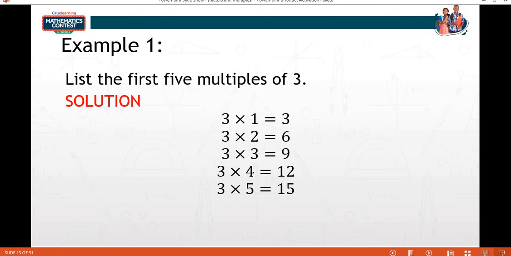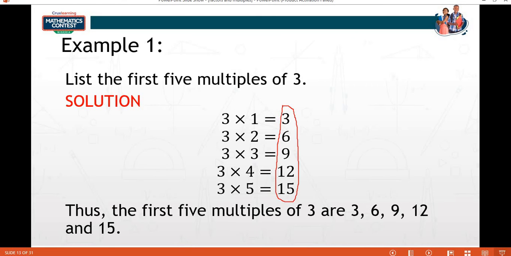So 3 times 1 is 3, 3 times 2 is 6, 3 times 3 is 9, 3 times 4 is 12, 3 times 5 is 15. These are the first 5 multiples of 3.